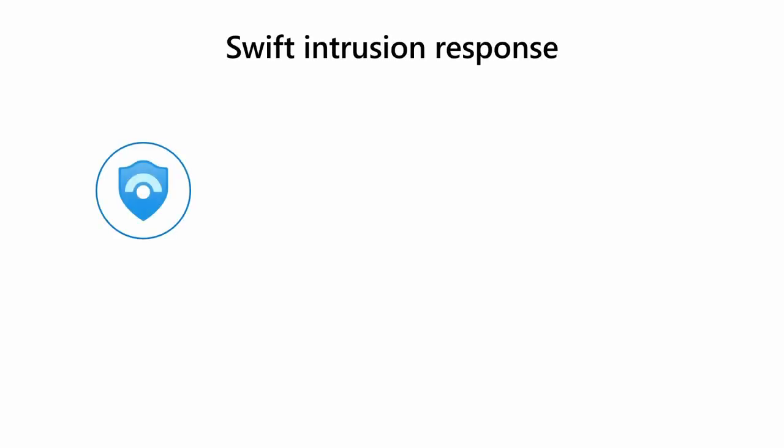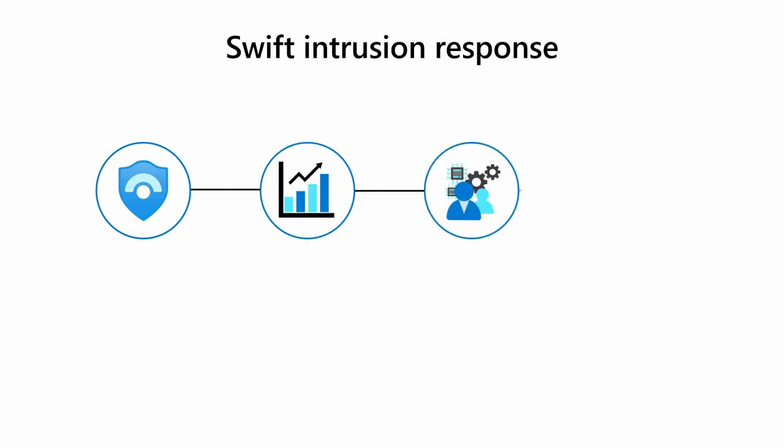Imagine an organization deploys Microsoft Sentinel to monitor network traffic. One evening, the Sentinel dashboard detects an unusual spike in traffic during non-business hours. The security team promptly investigates and identifies a malicious actor attempting unauthorized access.